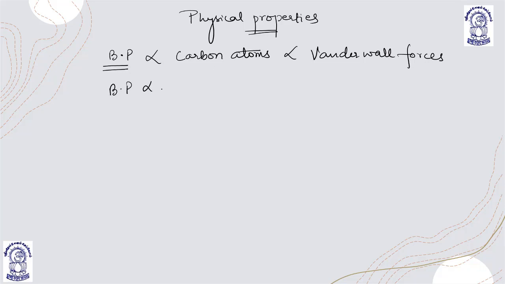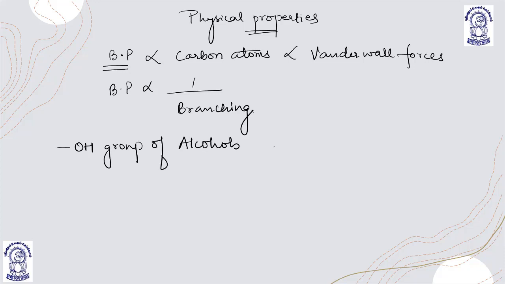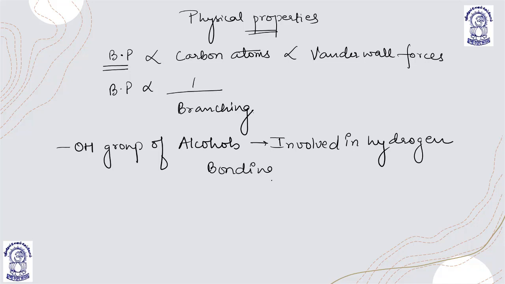Boiling point of alcohols is inversely proportional to branching, as branching decreases the surface area and the van der Waals forces. As you know, the OH group of alcohols is involved in hydrogen bonding, and that is the reason they are soluble in water.